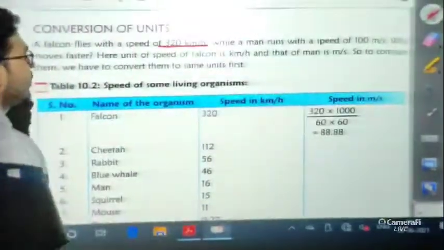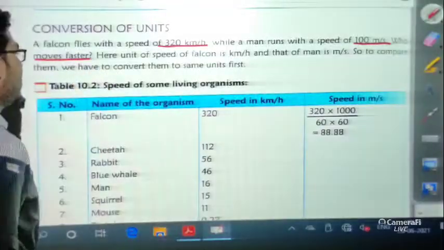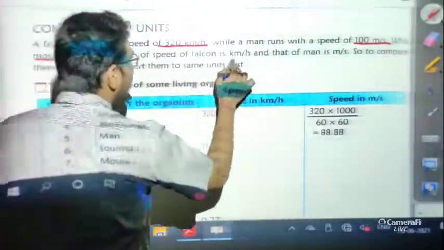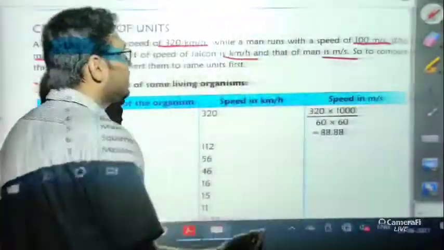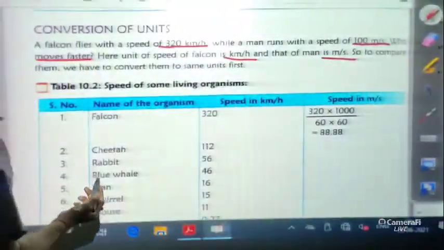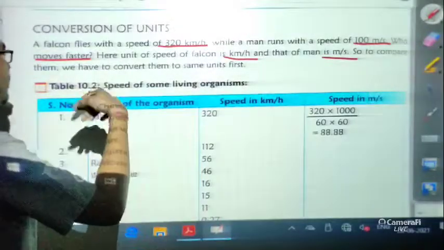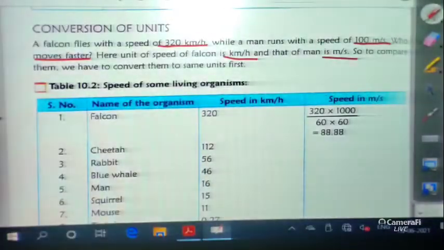A falcon flies with a speed of 320 km per hour, while a man runs with a speed of 100 meter per second. Who moves faster? The unit of speed of the falcon is kilometer per hour and that of the man is meter per second. If we want to compare them, we have to convert them into the same unit first. Otherwise how can we compare?